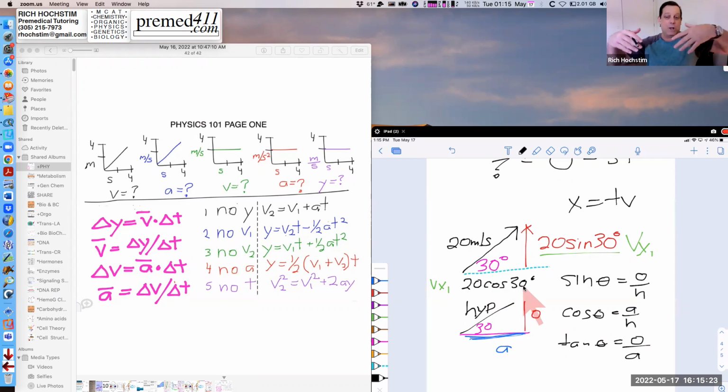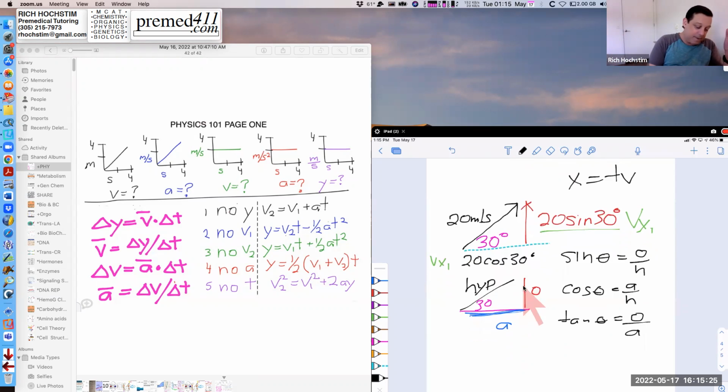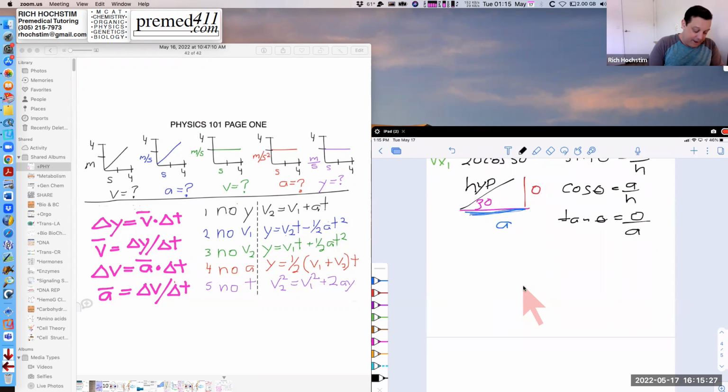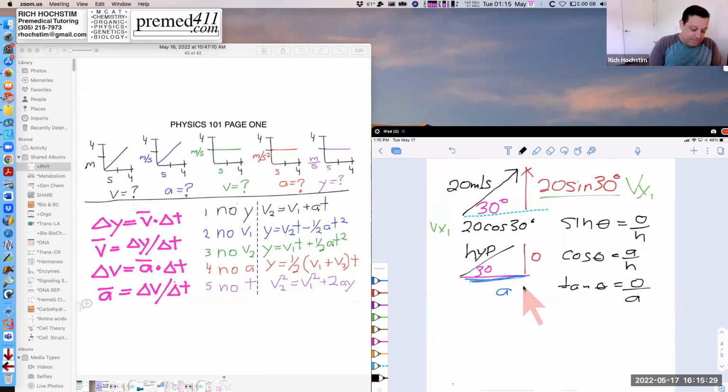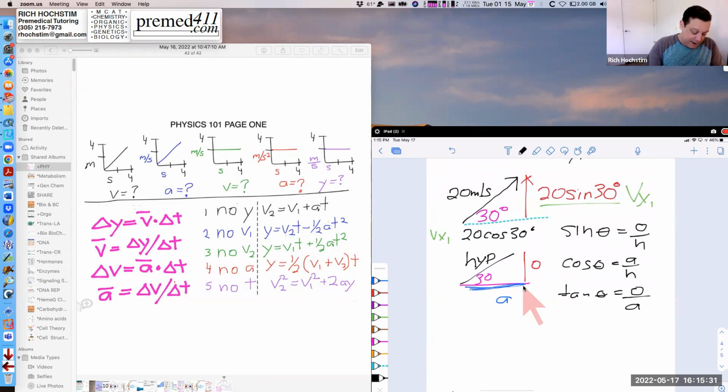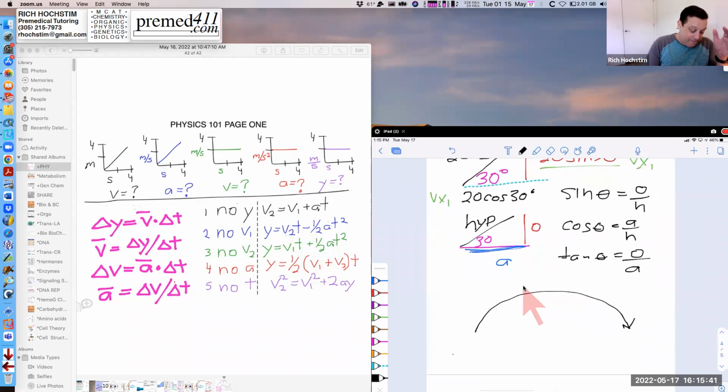So let's take a look at what this would appear to be like. Yeah, it'll look like this. This is going to be a parabola. Parabolic shapes always form with kinematics. And the x component is going to be constant throughout.